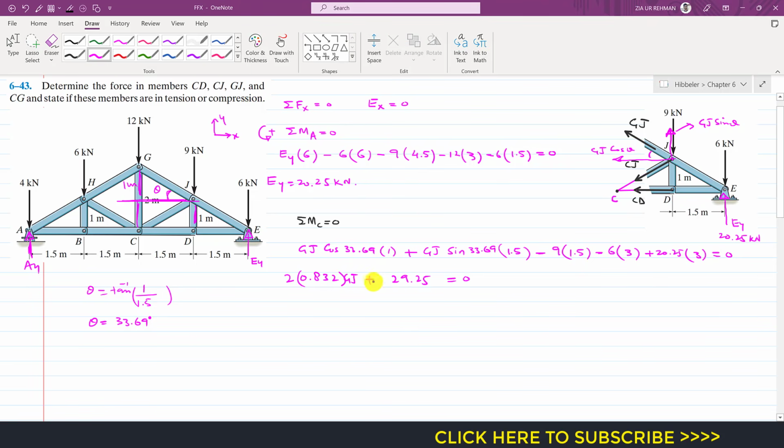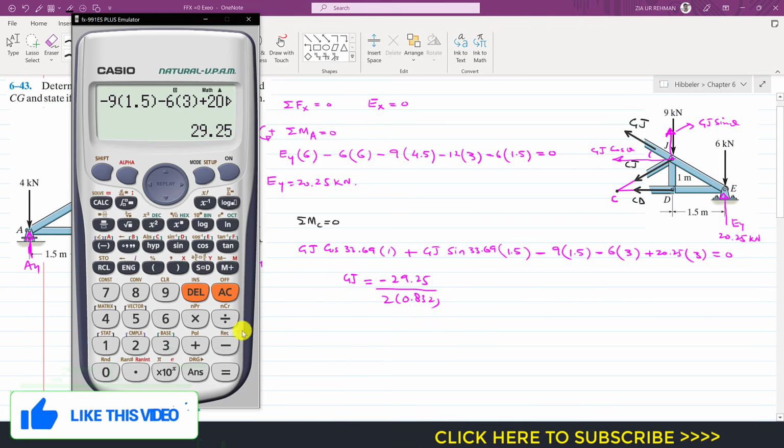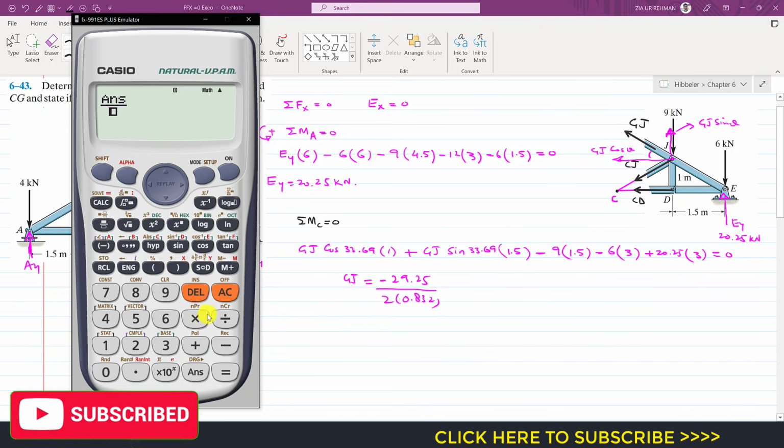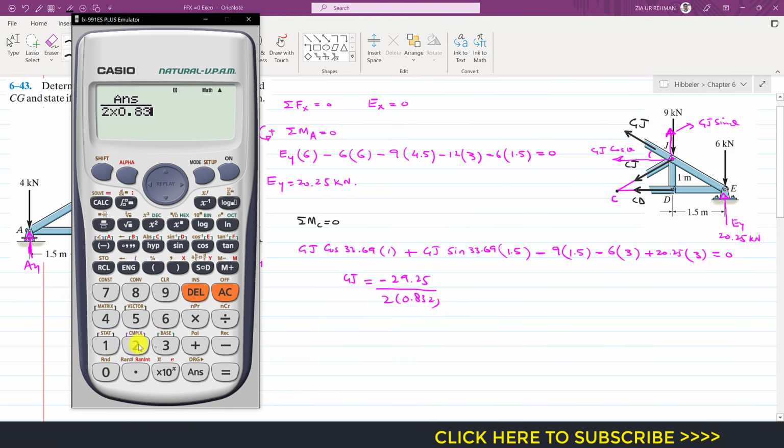And if I bring this to the other side of equation, it will become negative. And if we divide both sides of equation by 2 into 0.832, we will be able to find that GJ member force. So the answer is 29.25 divided by 2 into 0.832. So this will be minus 17.57.